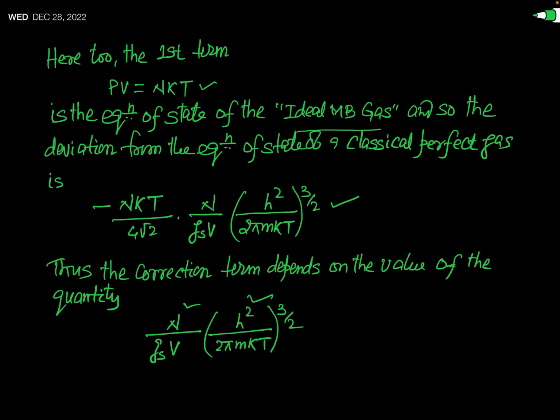Now, this quantity can be neglected when it is very small. You can easily see that if N by V is very small, tending to, let us say, 0, and T is very large, a very high temperature, then this number will be much smaller than 1.